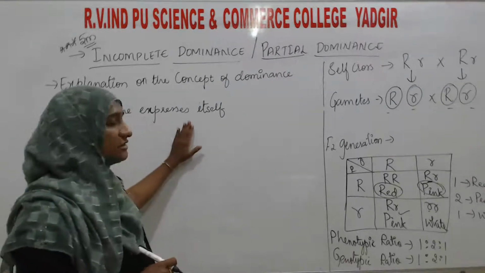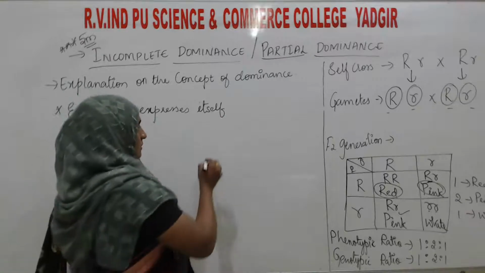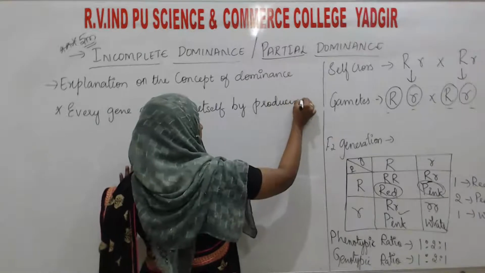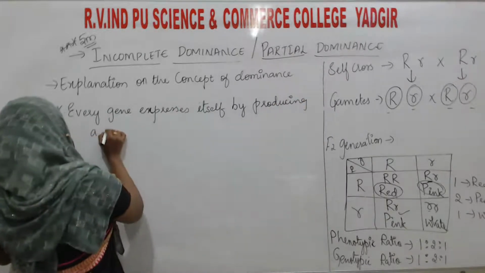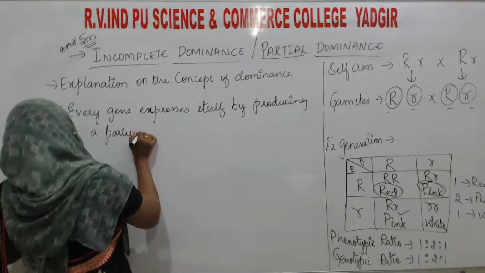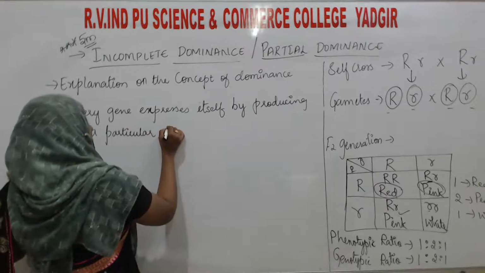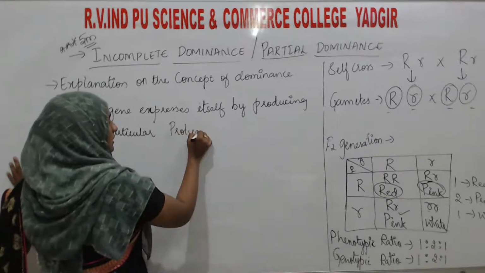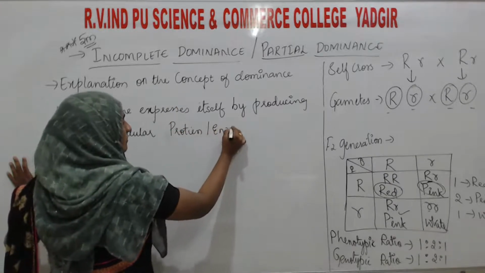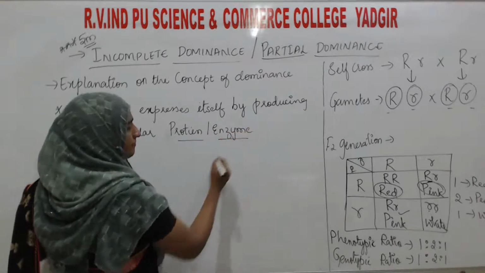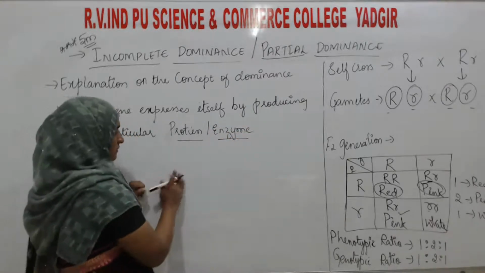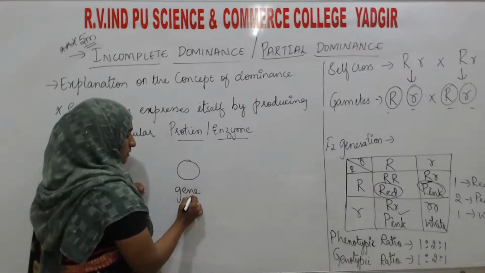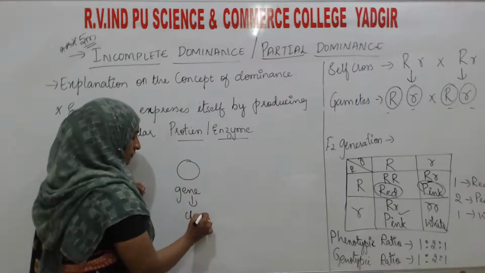Every gene expresses itself by producing a particular protein, or it may be an enzyme. Both are the same, protein or enzyme. See, this is the gene, the gene for color of flower.